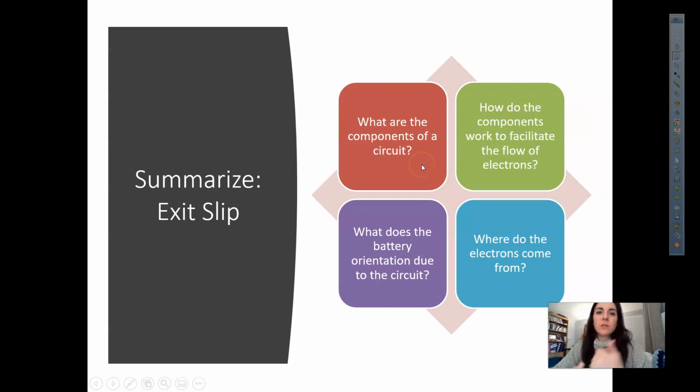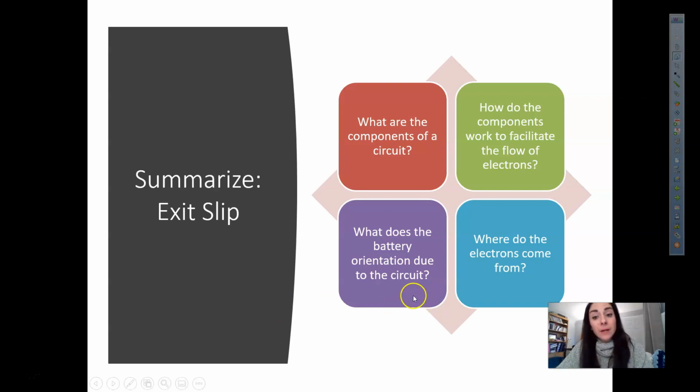The components of a circuit are closed loop, conductor, battery power source, a voltage source, and electrical resistance. The battery acts as an energy supplier for the electron. The conductive wire allows electrons to move. The closed loop allows the movement of electrons, and the resistance takes away energy. Without that, the circuit could overheat.